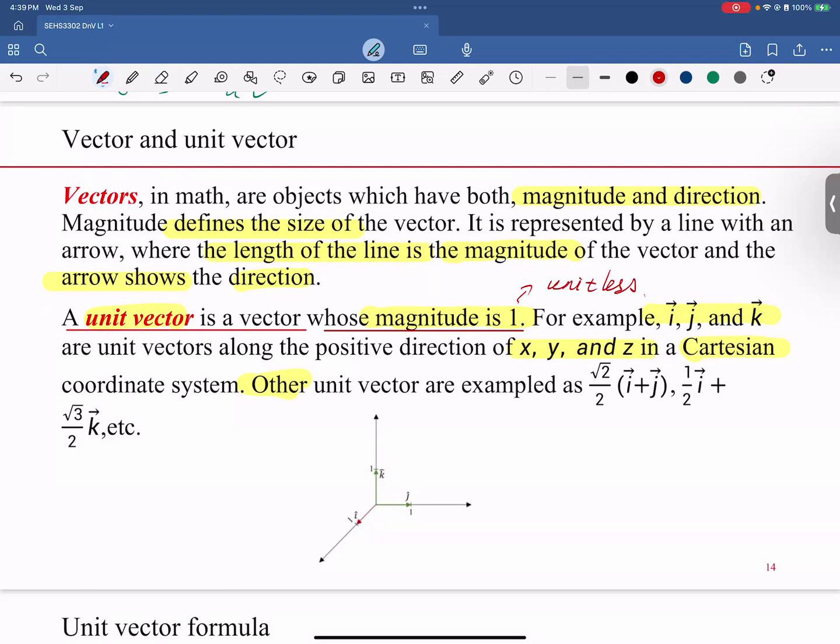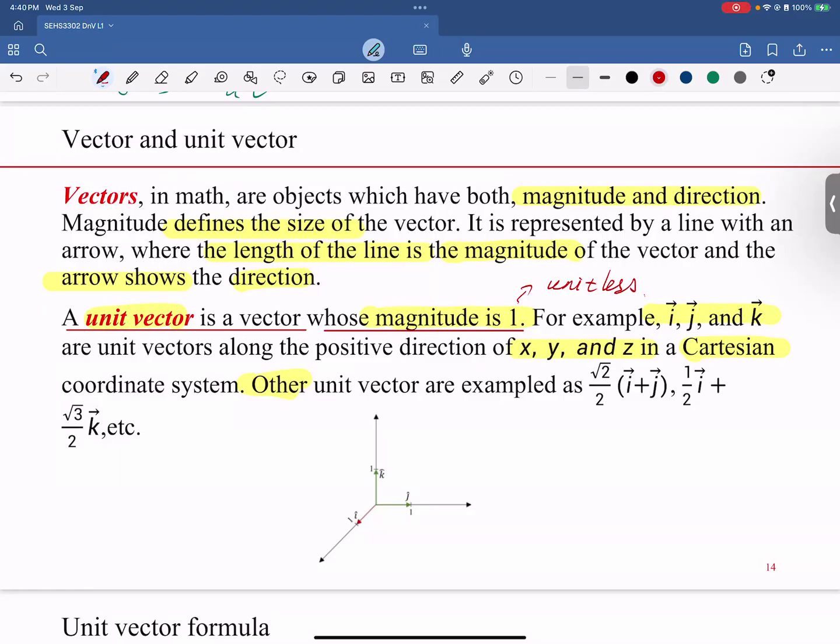Okay, unitless. 它没有单位的。Okay, it's not a length, not a speed, not acceleration. It's just a 1. Okay, and this allows us to give our own unit on it. Okay, unit is the other aspect of this variable.